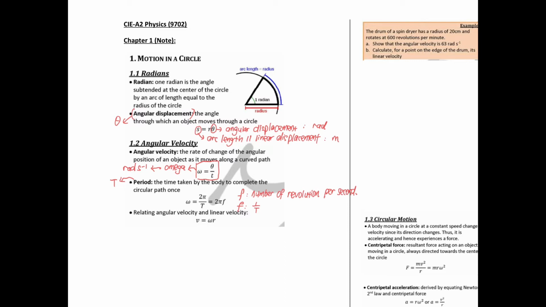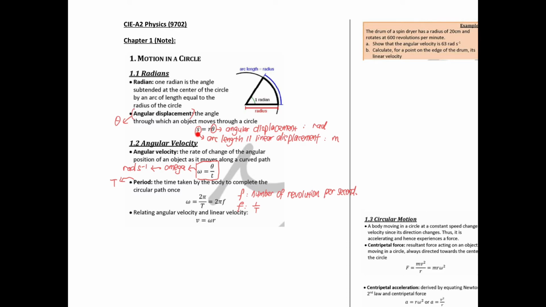Okay, now let's see the next point. Relating angular velocity and linear velocity. So just now, when we have angular displacement, then there is linear displacement that comes together, and their relationship is angular displacement multiplied with r radius, then you will get linear displacement.